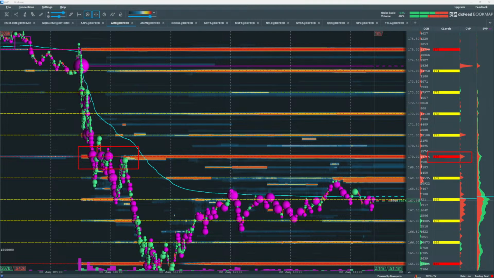And then it finally acts as resistance, like it should. Price moves lower. Then here's the put wall at 167.50. Consolidation around that level now may be acting as support.